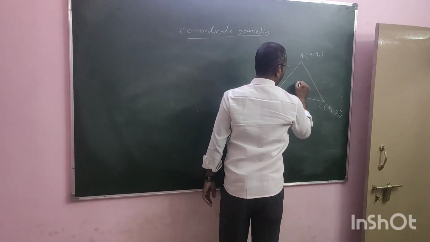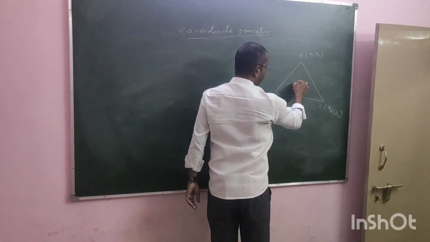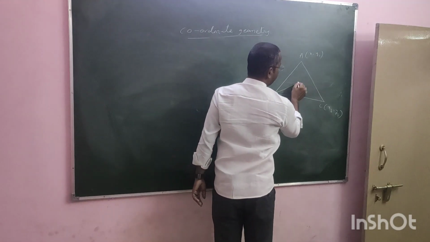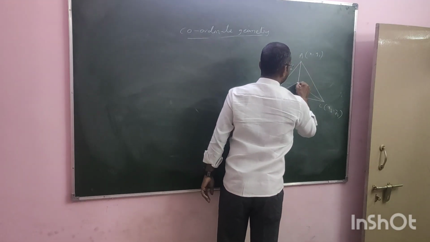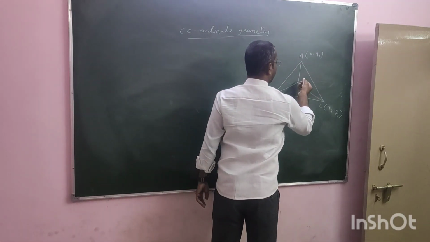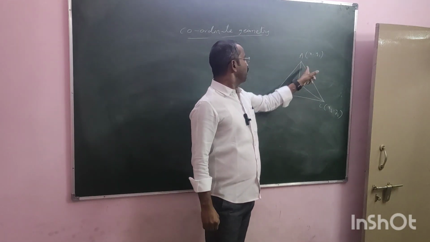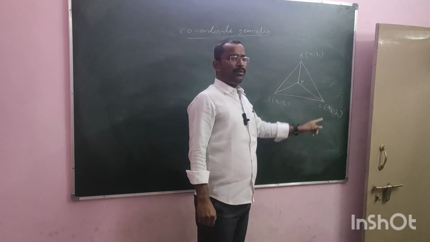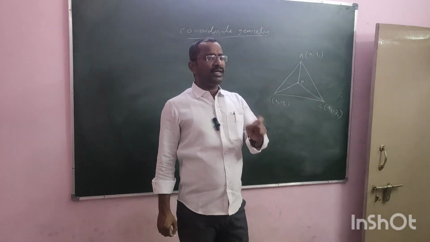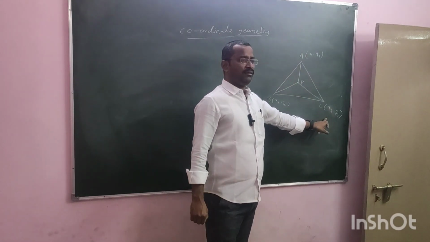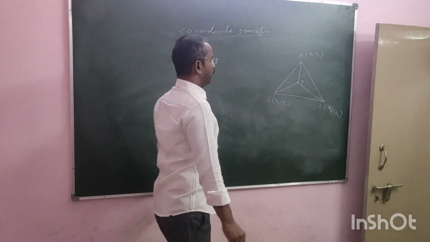Now, what do you mean by the centroid? A point which is equidistant from all the vertices. Say it as P, or anything else you can take. So PA equals PB equals PC. A point which is equidistant from all three vertices is known as a centroid.